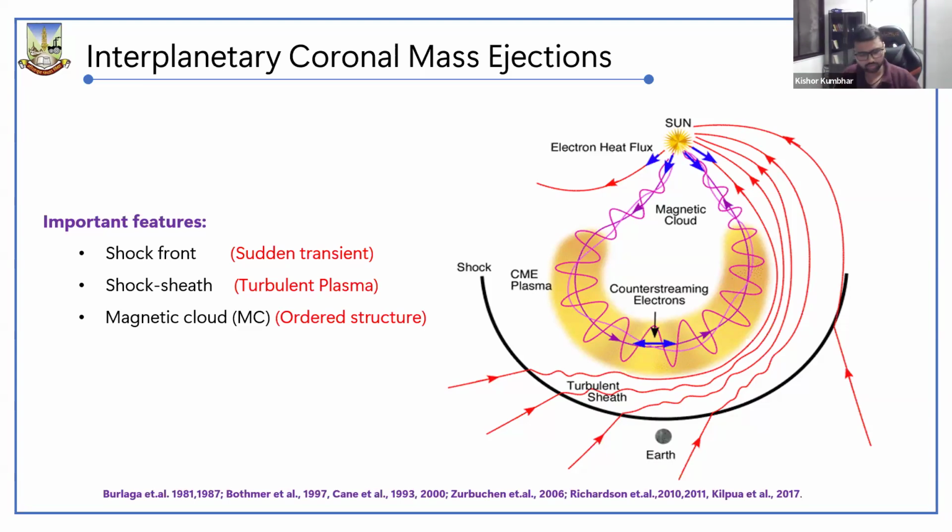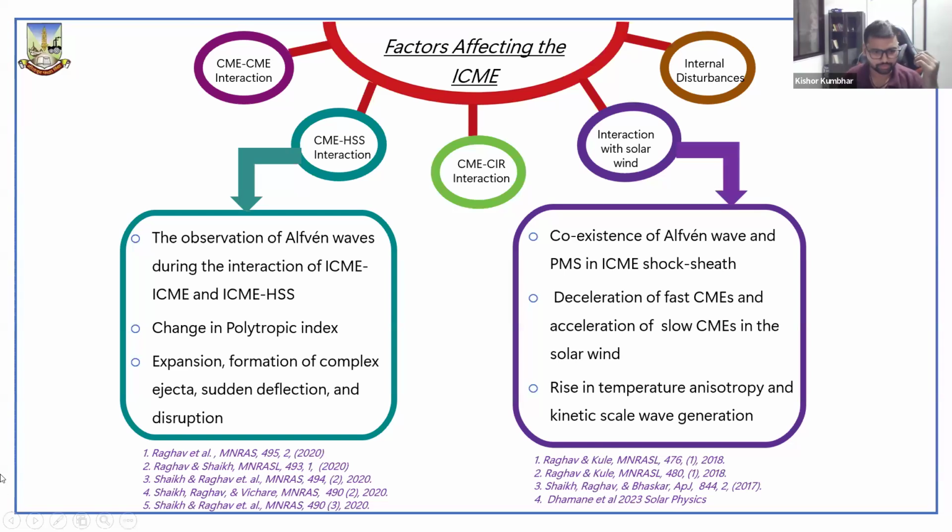And along with the co-rotating interaction region, or CIR, the ICMEs are considered as one of the major drivers for space weather, and thus they have been a point of research for many decades.